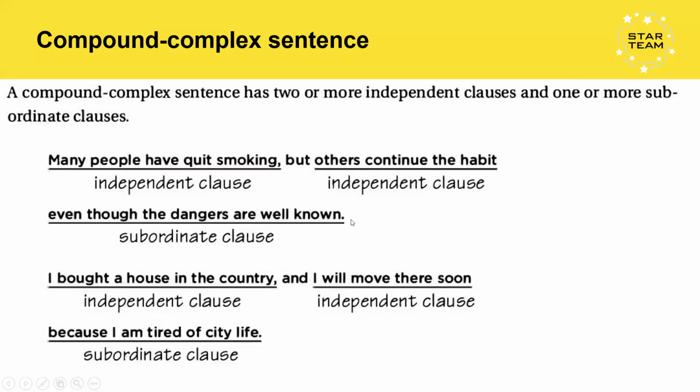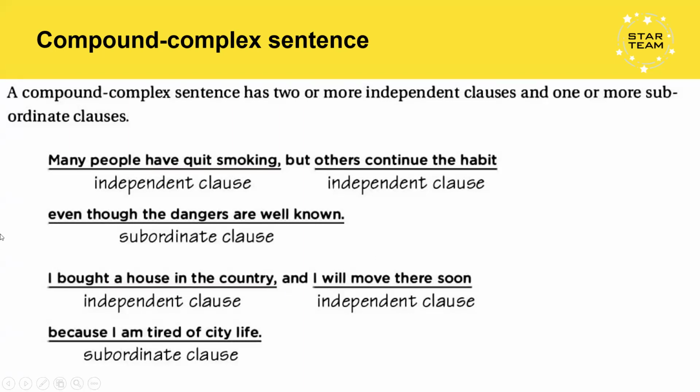So, even though all people know about the dangers of smoking, some people continue the habit. Some people have quit, some people continue doing it. I bought a house in the country and I will move there soon because I'm tired of city life.